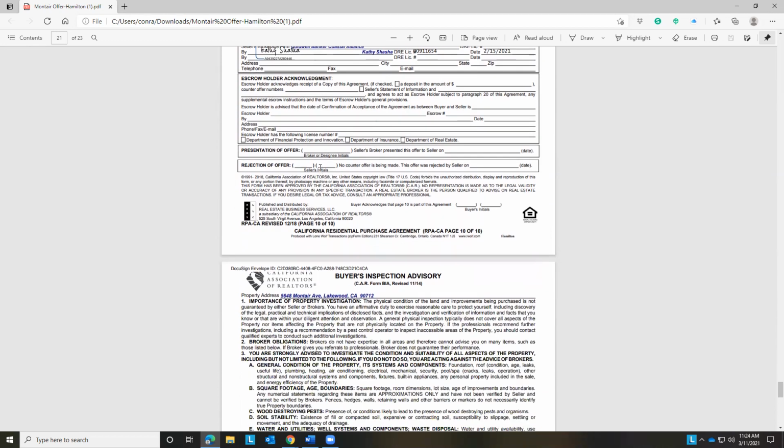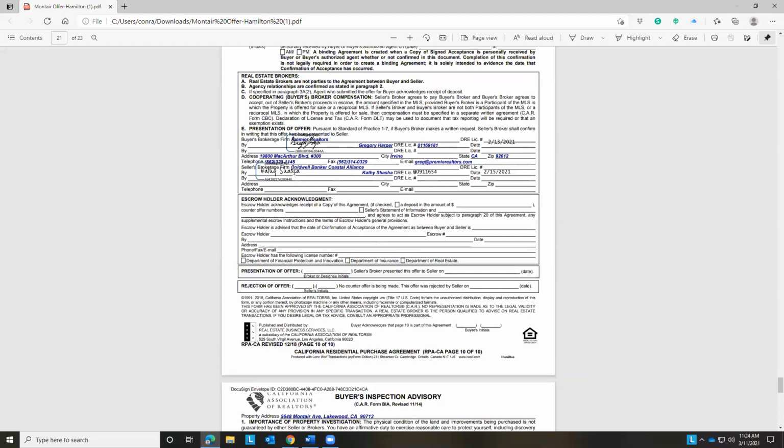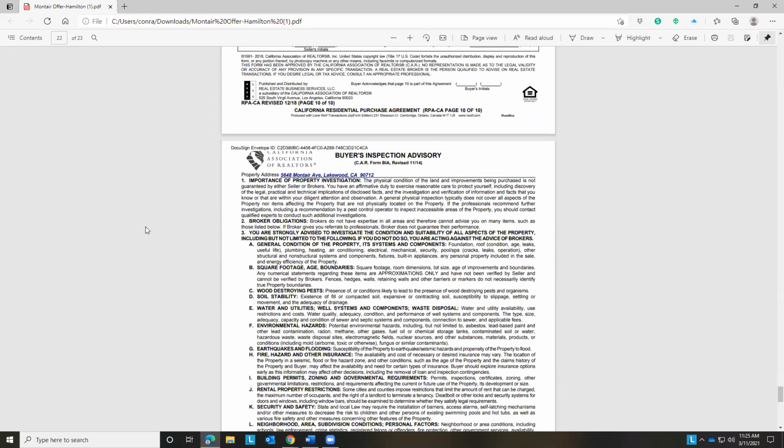So if you get one of these, just note in this situation, we've already taken care of the issues. But if you're doing it on DocuSign, just type in your information. It's not worth it to have this silly thing come back and bite you later on in the transaction. Sign it, put in your license information and your address, and then nobody's going to come back to you later for those things.